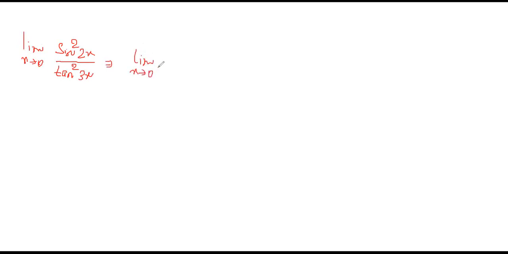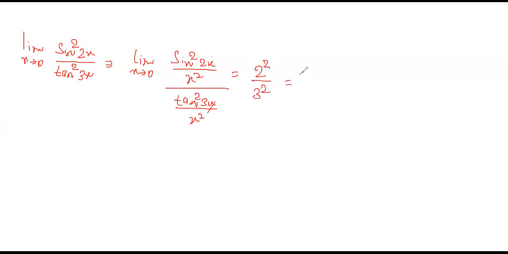Limit x tends to 0, sine squared 2x by x squared upon tan squared 3x by x squared. So its value will be 2 squared upon 3 squared, which is equal to 4 by 9.